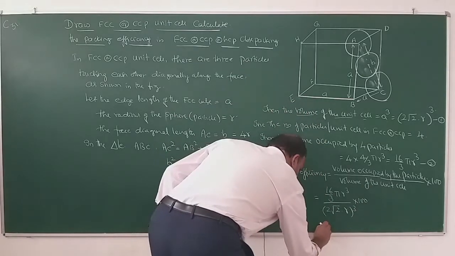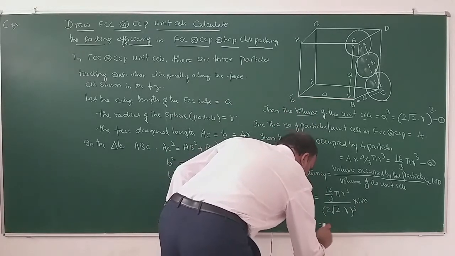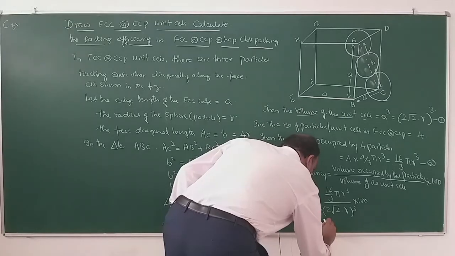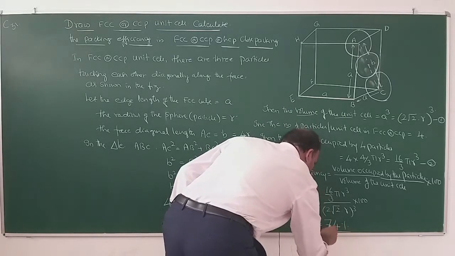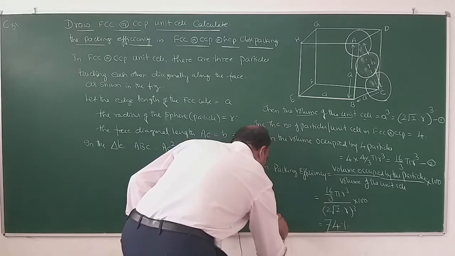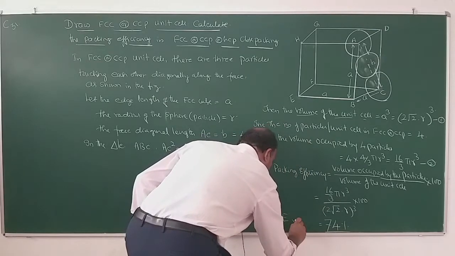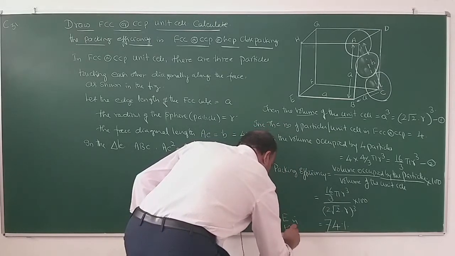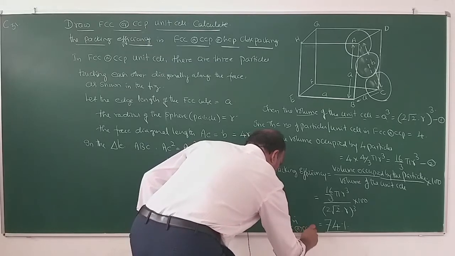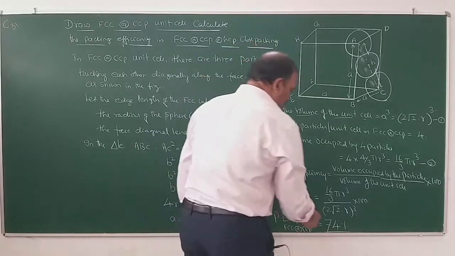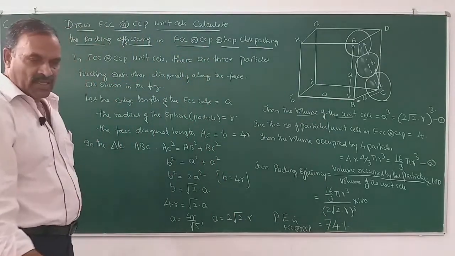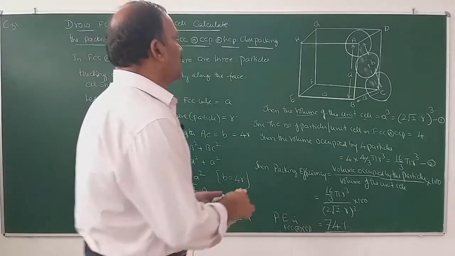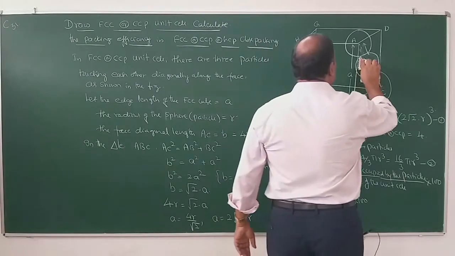So this comes to be 74%. So this is the packing efficiency in FCC or CCP. This is how we can calculate the packing efficiency in FCC.